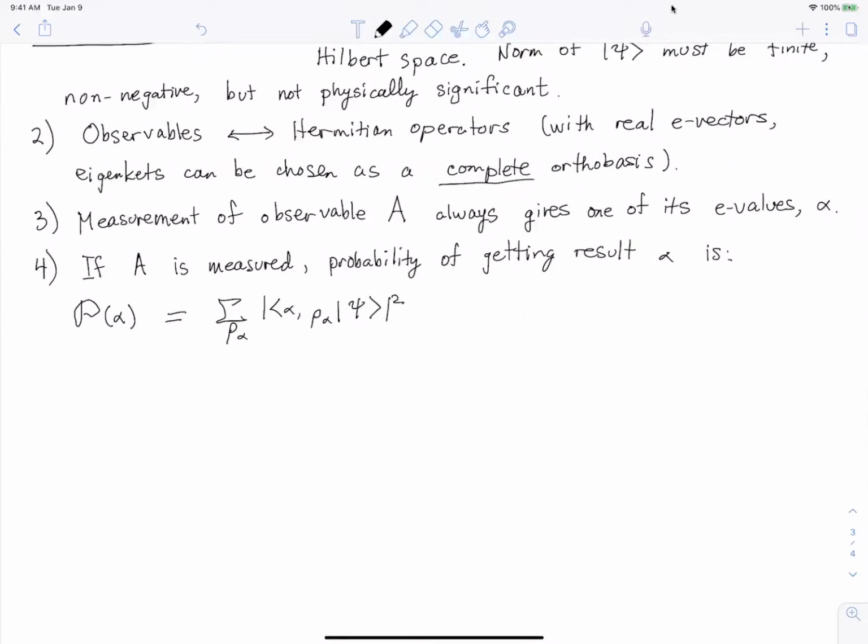And what are these things? These are the orthobasis elements that you were promised in postulate 2. And the rho sub alpha are degeneracy labels, because there might have been more than one orthobasis element with the same eigenvalue alpha.